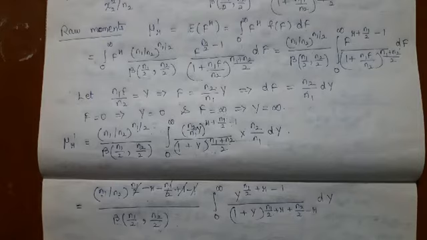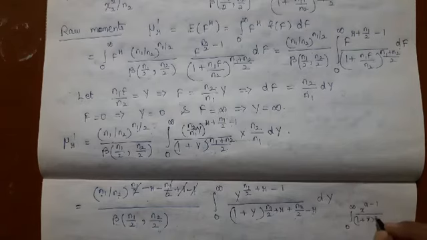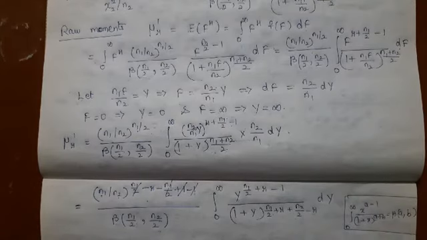So you have (n1/n2)^(-r) divided by beta of (n1/2, n2/2). See, this integral is of the form integral from 0 to infinity of x^(a-1) divided by (1 + x)^(a+b), which is actually equal to beta of (a, b). I am making use of this. So I get beta of (n1/2 + r, n2/2 - r). This is my a and this is my b. So we have found the integral value.